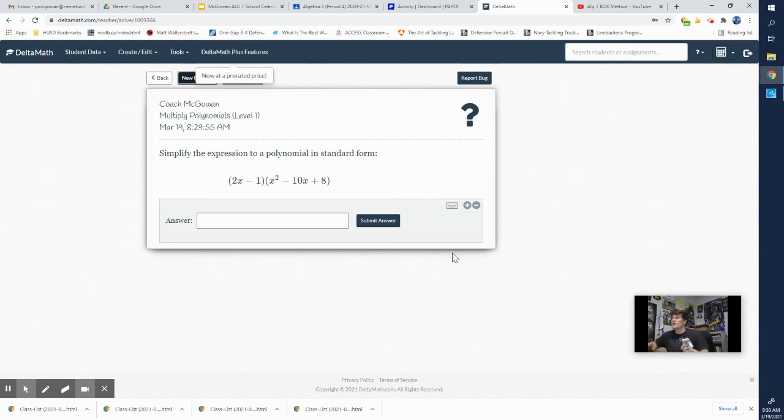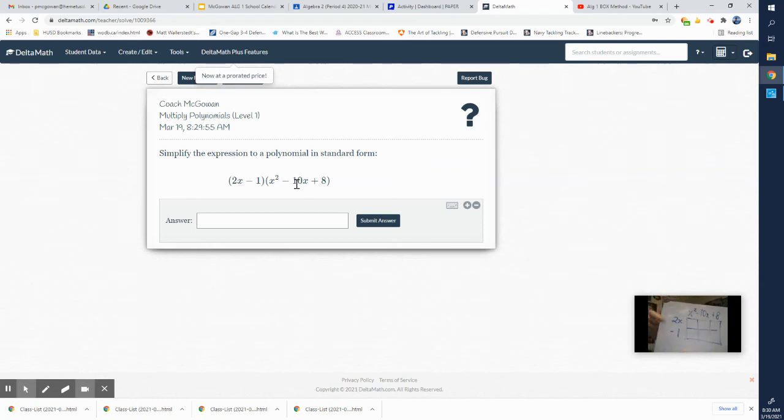Okay, hopefully you said 2 rows and then 3 columns, because that way we have our binomial 2 terms times our trinomial 3 terms correctly set up in our box, which again, just like last time, gives us 6 boxes to multiply out. Let's start working through some of this stuff here.